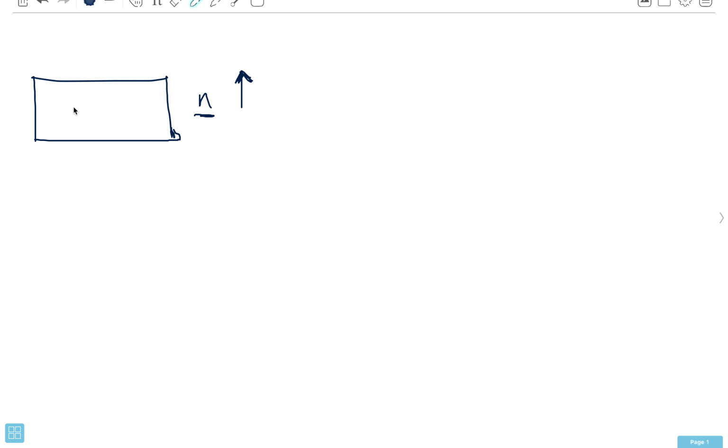So if I now draw P, draw my reference point, so P is now a position.